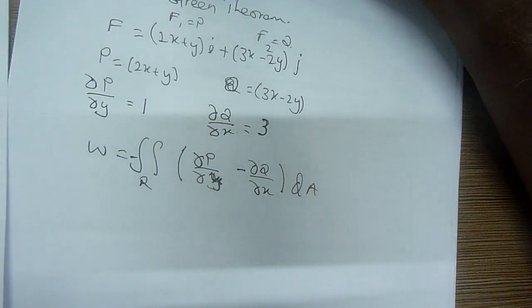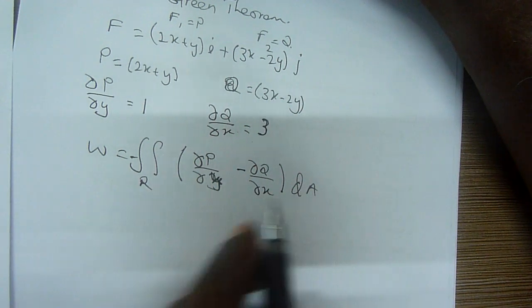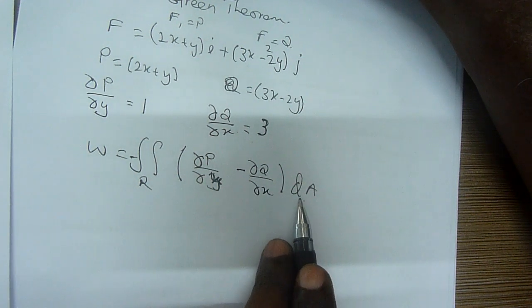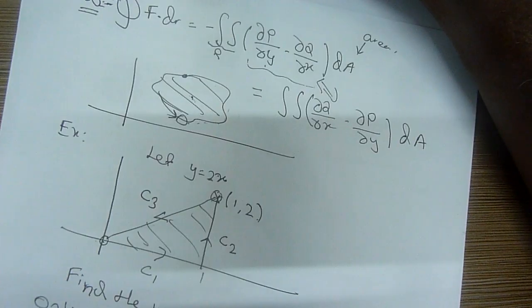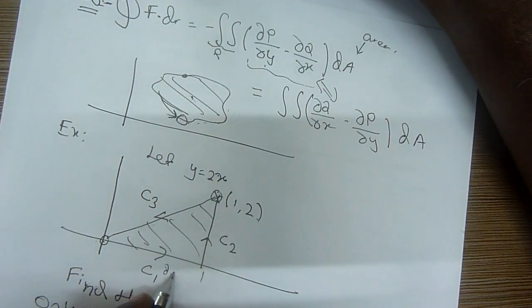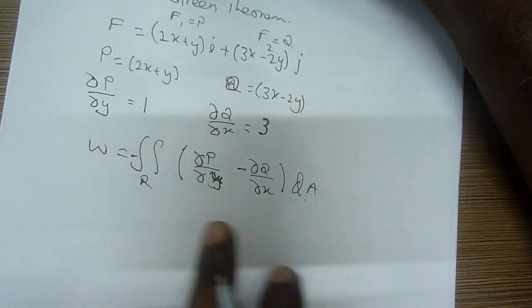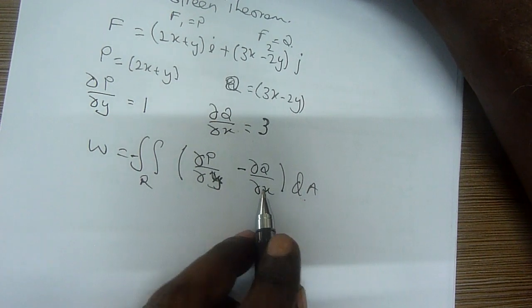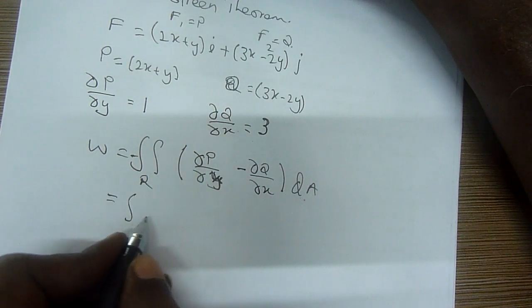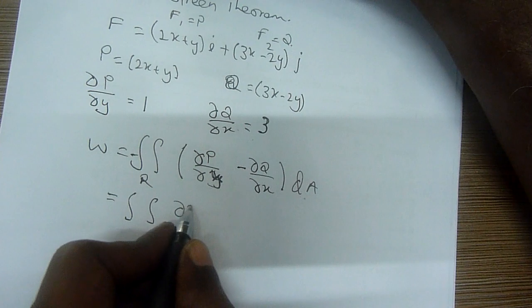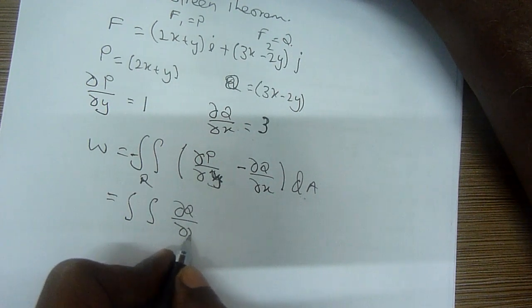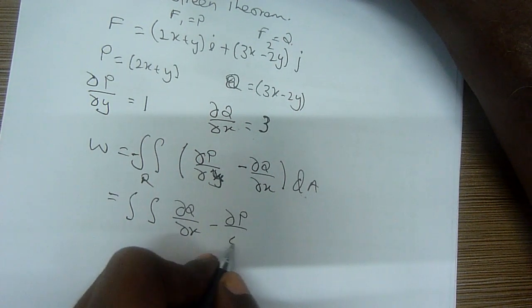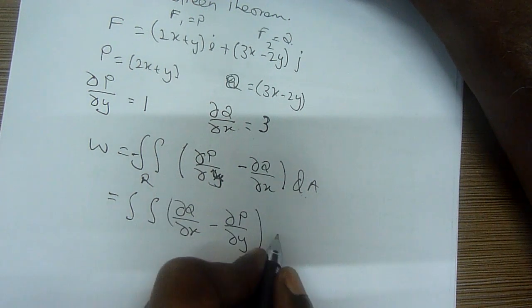This is a double integral, and area is basically we are referring to dx dy. We use dx dy, or depends whether you wanted to change it or not. Again I repeat to you, if some of you may ask, can I use this ∂Q/∂x minus ∂P/∂y?